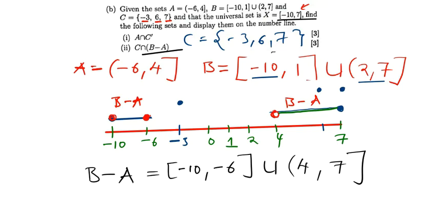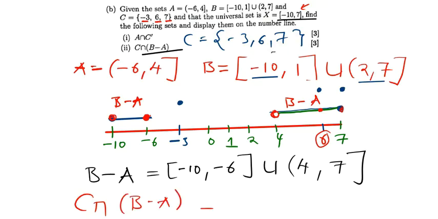Where are they overlapping? So this part is not overlapping with any part of C. That part at least is overlapping with 2 points. So what is common between the two sets? I think the two numbers are common. 6 is contained in B minus A, and then 7 is also contained in B minus A. So try to guess what would be the answer.